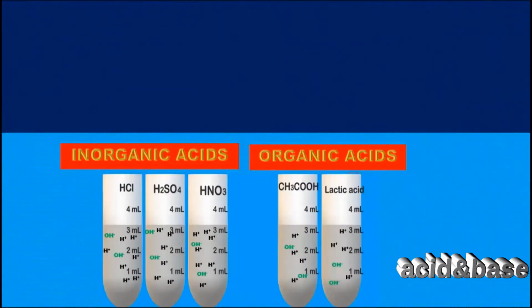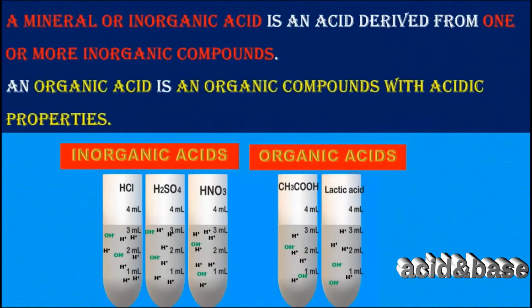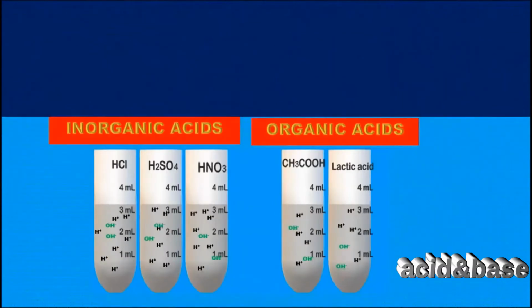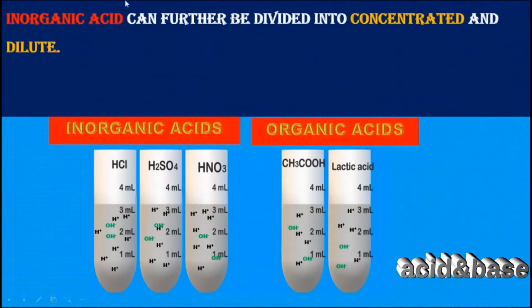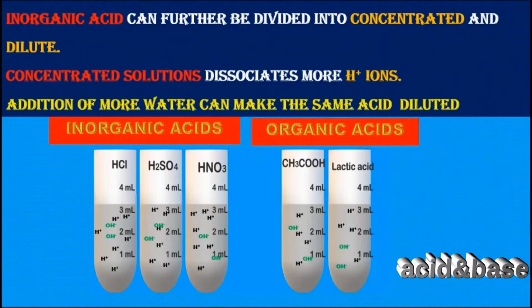Acids can be divided into inorganic acids and organic acids. An inorganic acid is an acid derived from inorganic compounds, and an organic acid is an acid derived from organic compounds. Inorganic acids can further be divided into concentrated and dilute. Concentrated solutions dissociate more hydrogen ions. Addition of water to such concentrated solutions can reduce the strength of the acid and make the acid into a dilute solution.